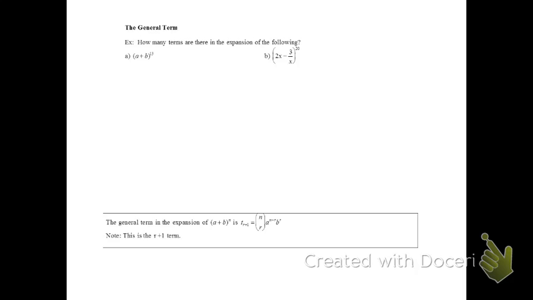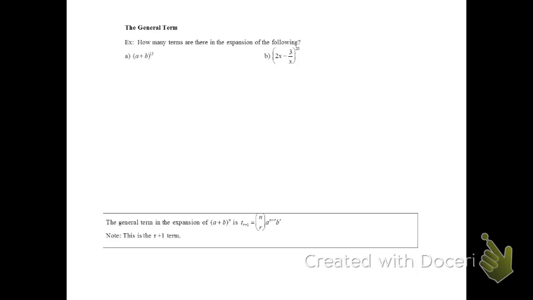Okay, so one of the things that makes it easier to work with is if we can think about the general term of an expression as opposed to the specific term of an expression, and then we can use that general term to start to solve problems. So before we start that, I just want to highlight a couple of things here.